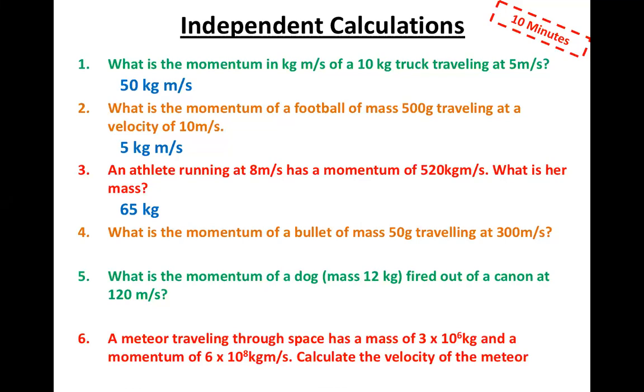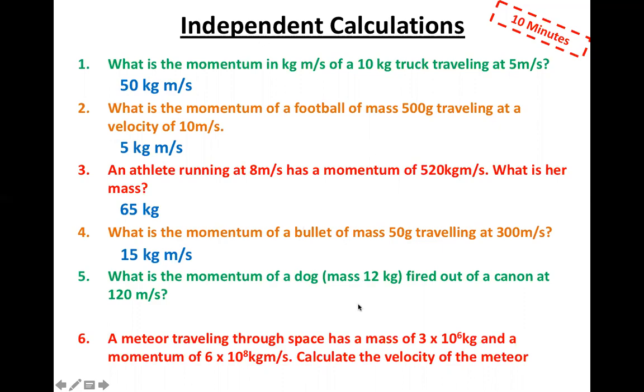How do you get 15,000? 50 times 300. Okay, the 50 you have to change to kg because momentum is kg meter per second. So it's 0.05 times 300, which will give you 15. Always remember to change it to kg.